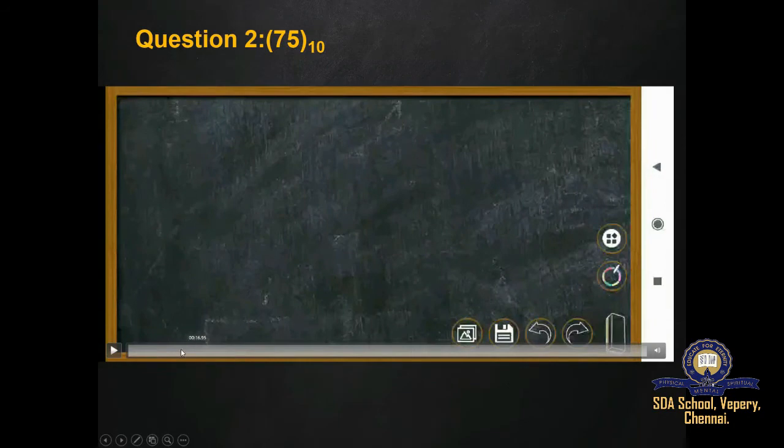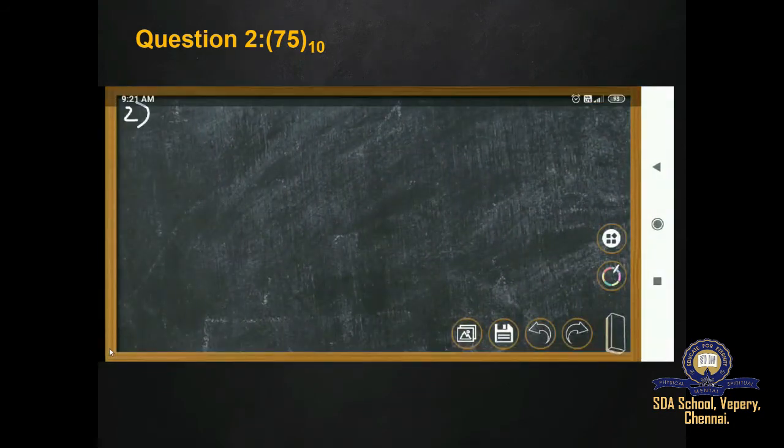Yes. The second question is the decimal number 75. We have to find the binary value for 75.